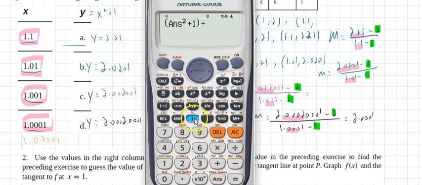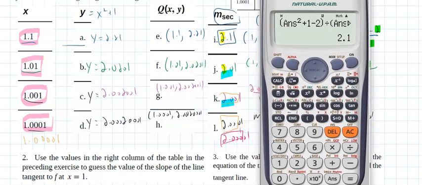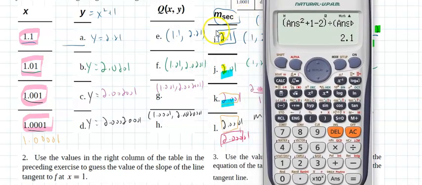Divided by, and the denominator, again, the purple part now is 1.1, but if I put answer, wouldn't that be 1.1? Minus 1. I forgot to subtract the 2 from the top. So it is whatever the function is, minus 2, true? y2 minus y1 over x2, which is 1.01, minus 1. If I hit equal, I'll notice that I just got the first answer, and it's right there.